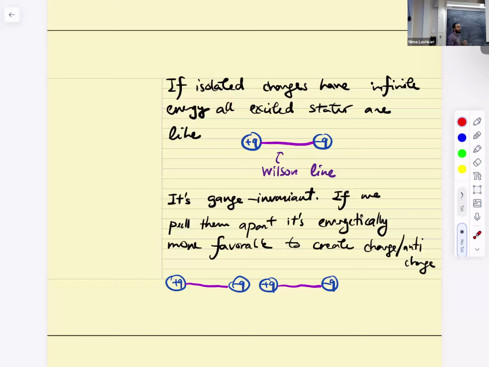As I stretch this, there will be a moment where it's energetically favorable for this to snap into this. So it's energetically favorable at some energy scale for this to happen. This is the physics of confinement. So you're not going to be able to find an isolated charge, a quark, if you are in the confining phase, right?